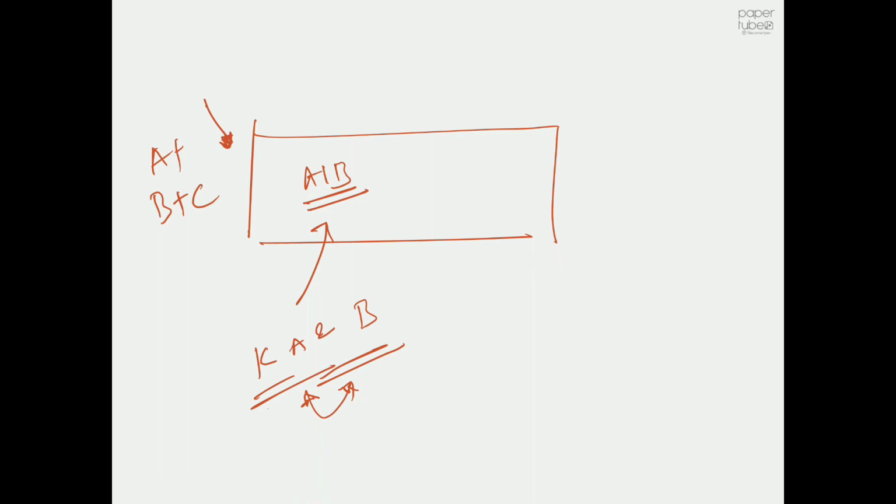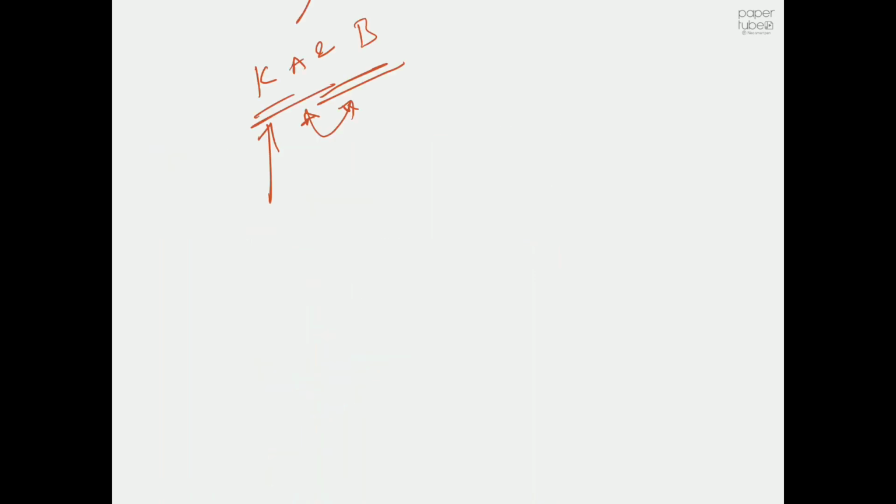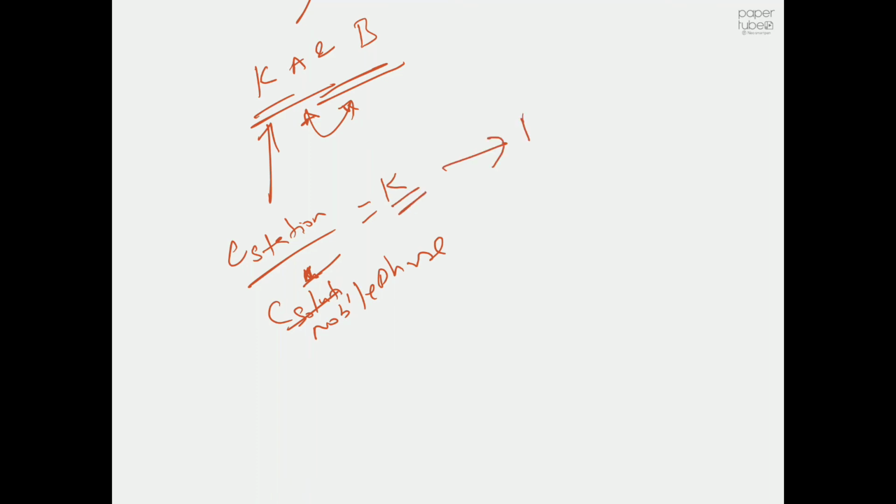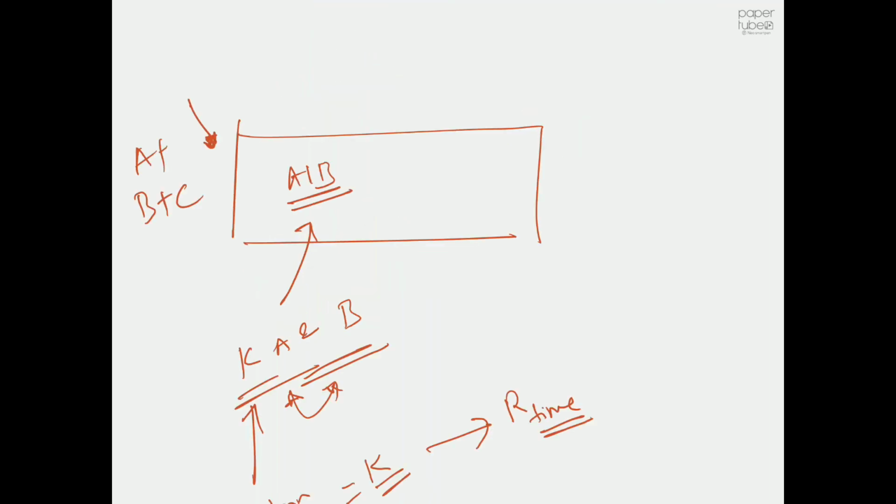This K value is related to the concentration in the stationary phase and the concentration in the mobile phase. So if we change the mobile phase property, we obviously change the K value, which means we are going to change the retention time. So that way we can improve our separation efficiency. I hope you all understand up to this point.